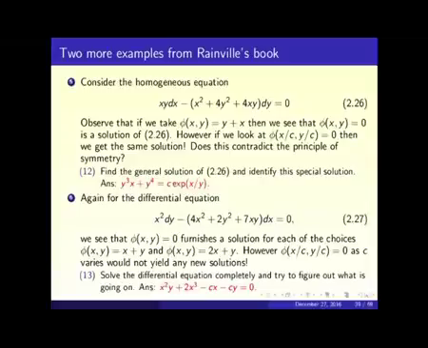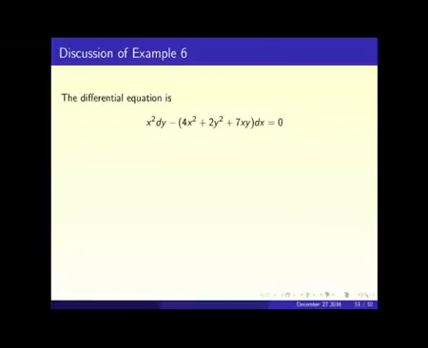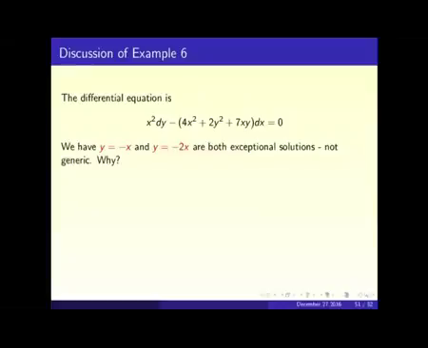Let's see. The differential equation is x squared dy minus (4x squared plus 2y squared plus 7xy) dx equal to 0. I am saying that y equal to minus x and y equal to minus 2x are both exceptional.